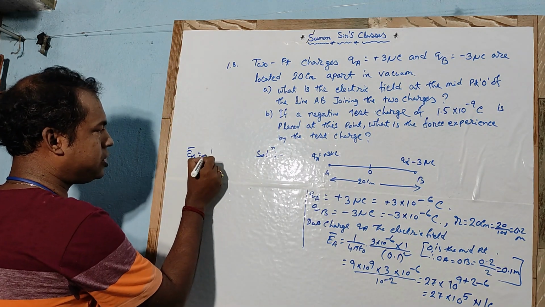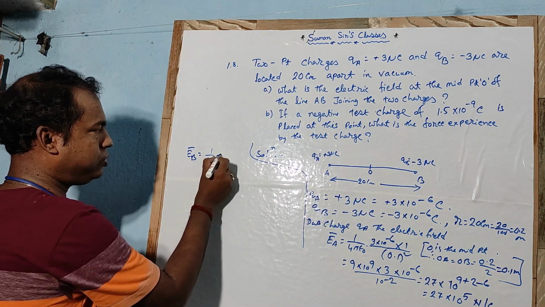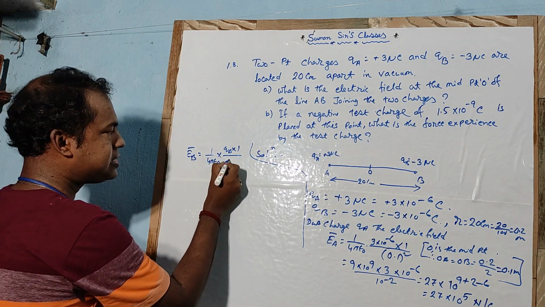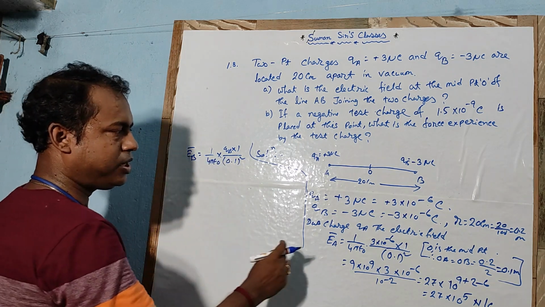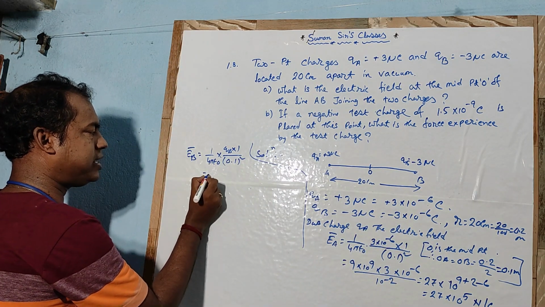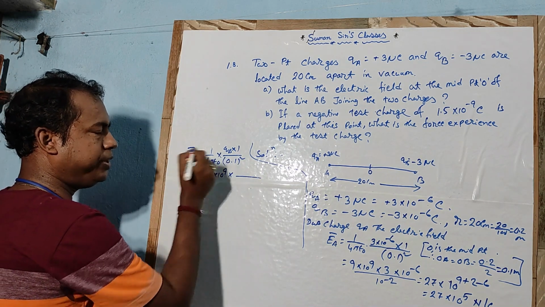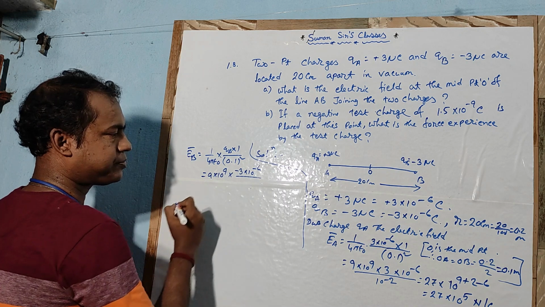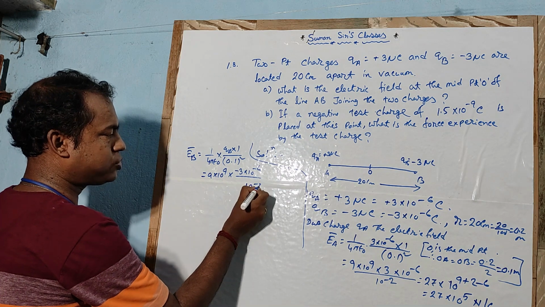So in the same way, EB equals 1 by 4 pi epsilon naught into QB into 1 divided by the same distance, 0.1 whole square. What is QB? QB equals minus 3 into 10 to the power minus 6. So we write here 1 by 4 pi epsilon naught, this value is 9 into 10 to the power 9, into QB, divided by 0.1 square, that is 10 to the power minus 2.